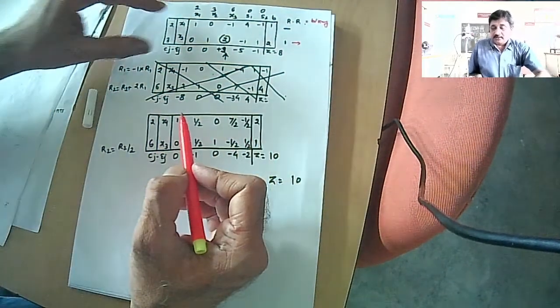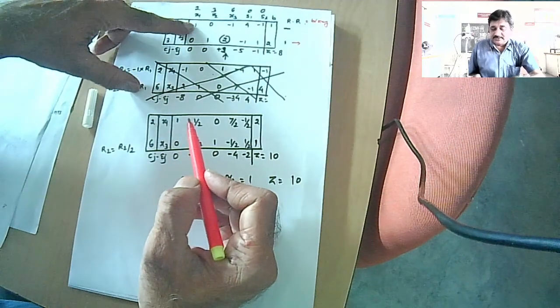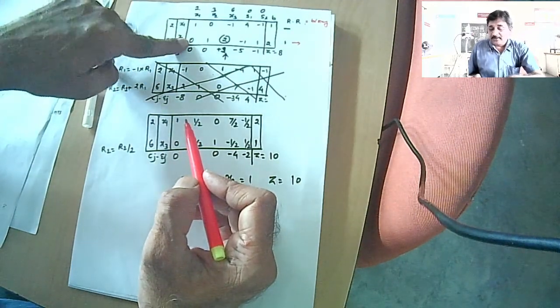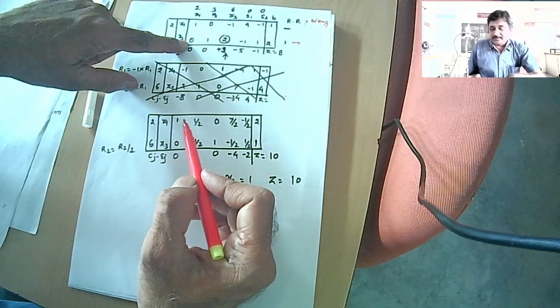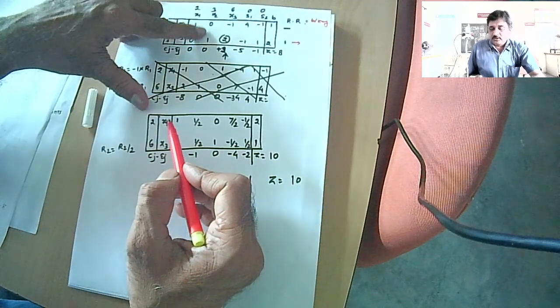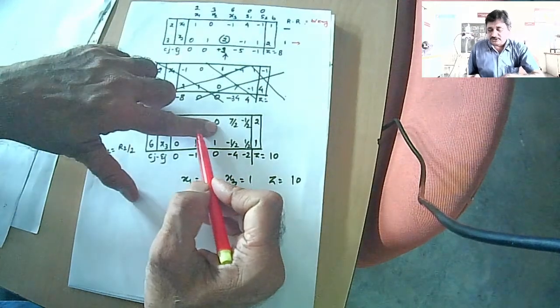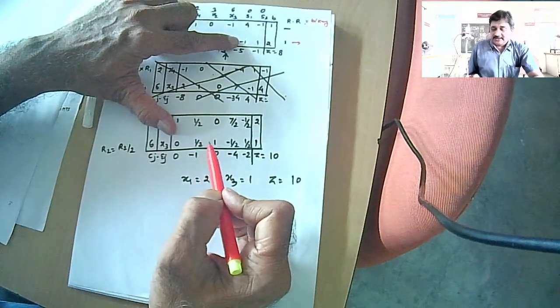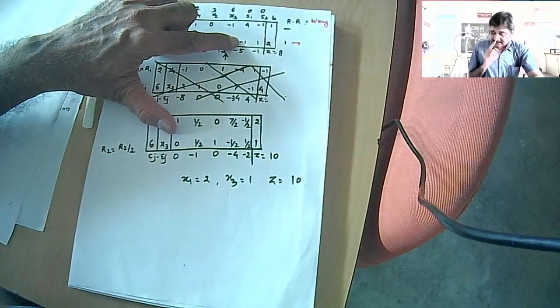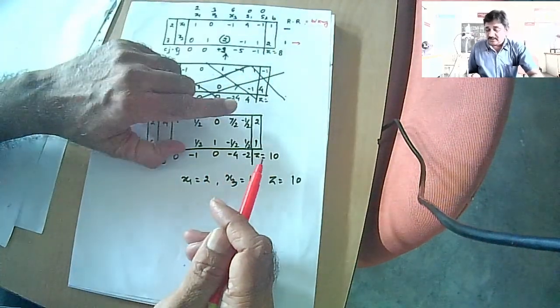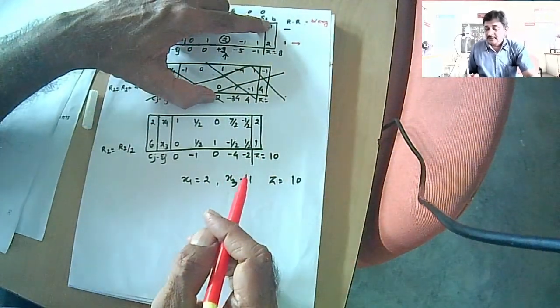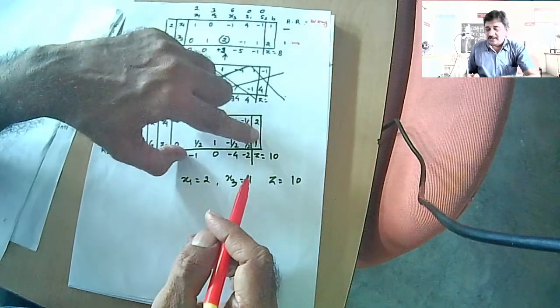Okay. Or you can do it here itself, this plus half of this. 1 plus half of 0, 1, 0 plus half of this 1 by 2, then minus 1 plus 2 by 2, 0, then 4 minus 1 by 2 is 7 by 2, minus 1 plus 1 by 2, minus 1 by 2, and this is 1 plus 2 by 2, 2.